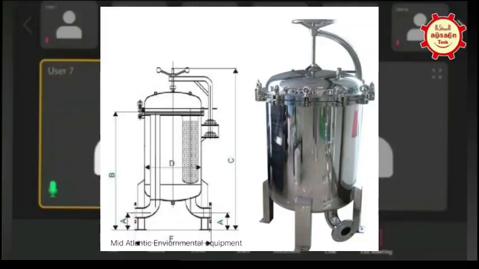In my previous experience, our company used to make a lot of filter vessels. You can design it like a heat exchanger.